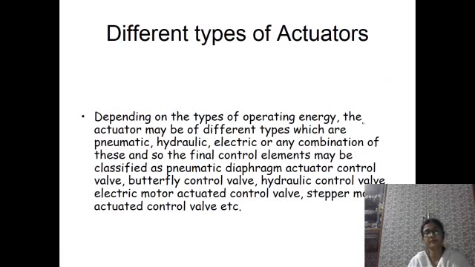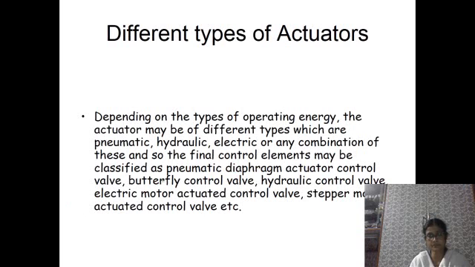So depending on type of operating energy, the actuator may be of different types, that is pneumatic, hydraulic, electric, or combinations of these. And so final control element may be classified as pneumatic diaphragm actuator control valve.